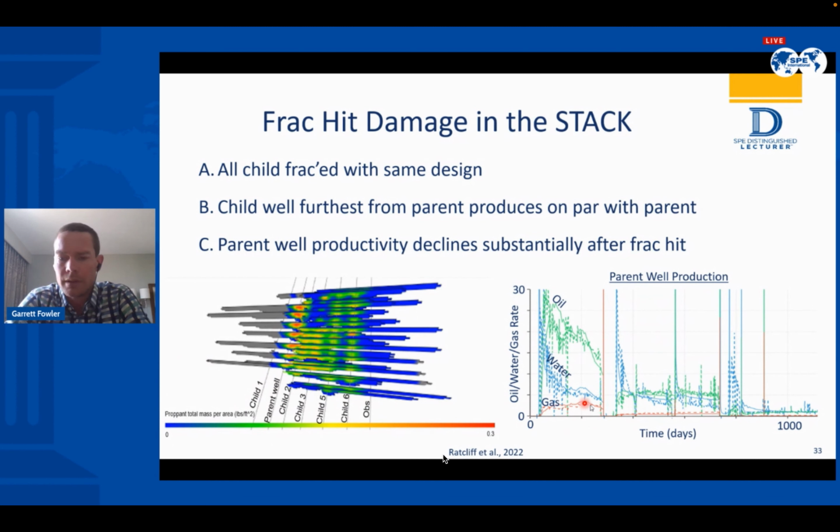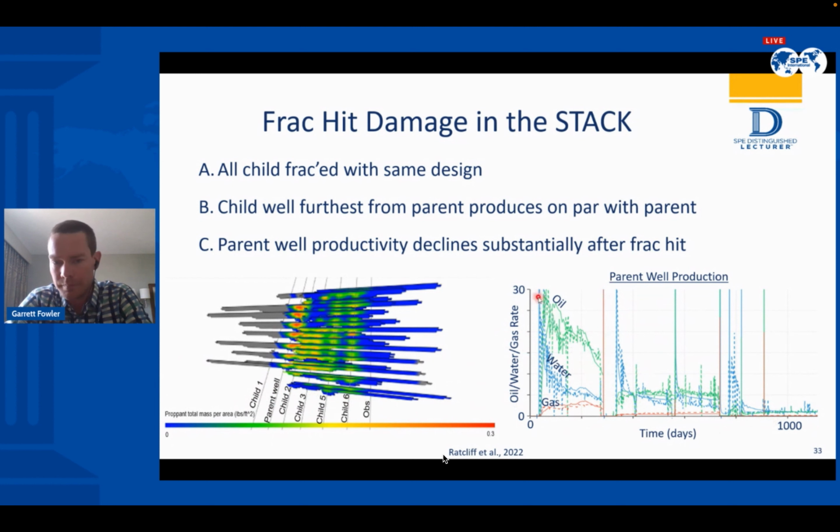What we observe is after 1 year, when this child well is drilled and fracked, the parent well loses about 75% of its productivity. It then produces for another year, and then when child wells 2, 3, 5, 6 are completed, it loses another 75 to 90% of its productivity.